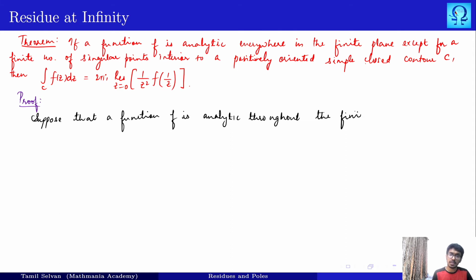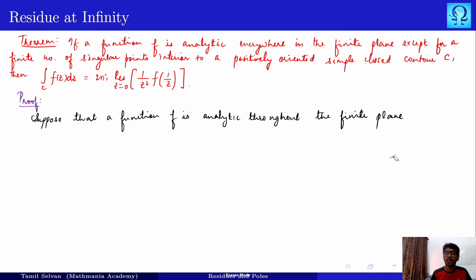When we say finite plane, here the finite plane refers to the entire complex plane. When you include the point infinity to the complex plane, that becomes the extended complex plane.